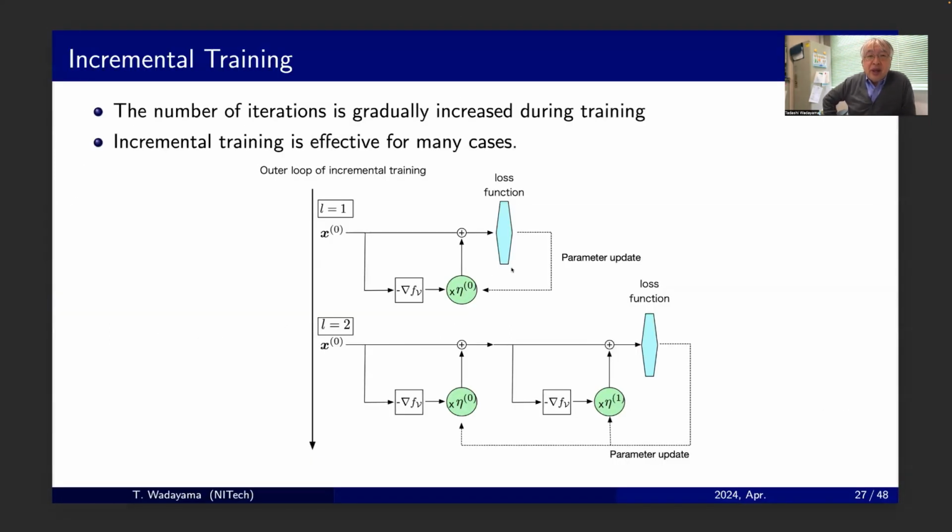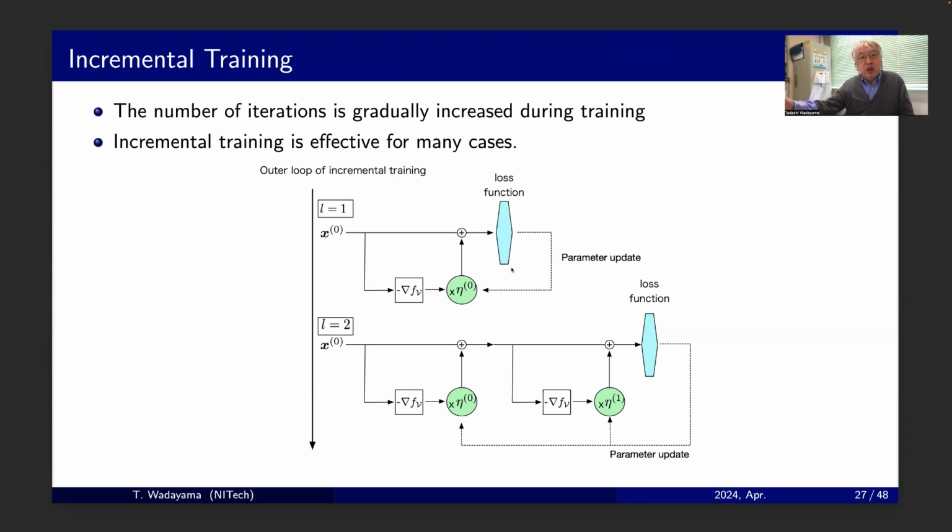And also in the case of deep unfolding, it is known that incremental training is very effective for training an iterative algorithm. The idea of incremental training is illustrated in this figure. In incremental training, the number of iterations for gradient descent is gradually increased during the training.